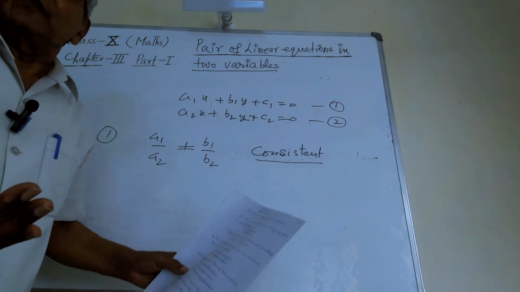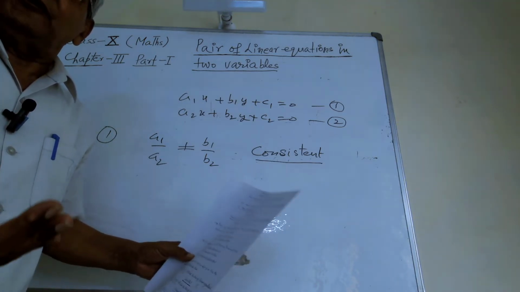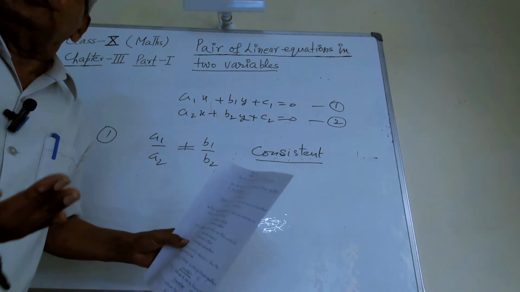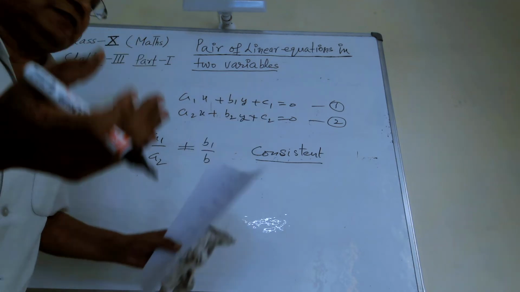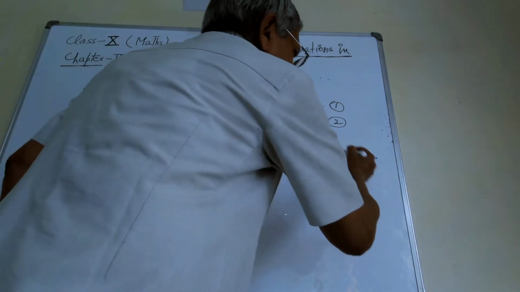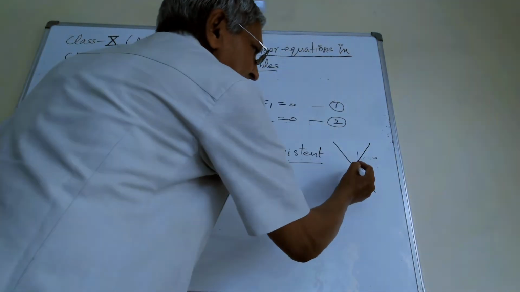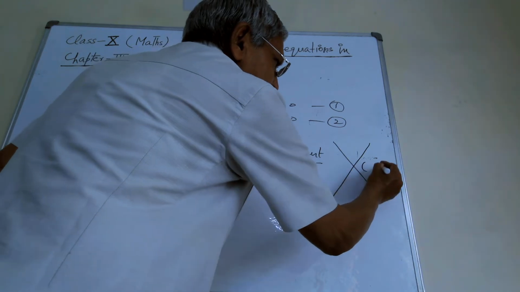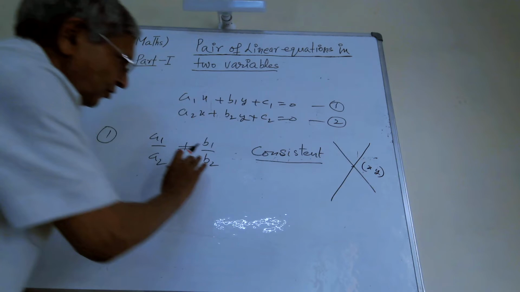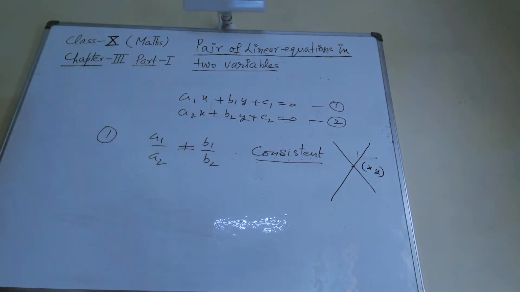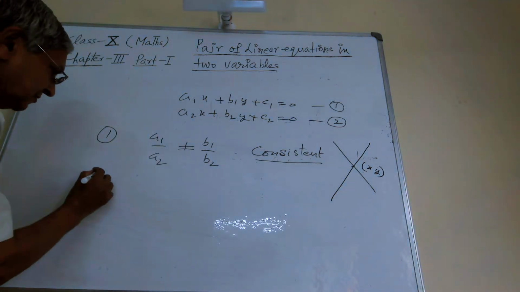And if you check these two equations graphically, you will get two lines that intersect at one point. The coordinates of this point, x and y, will be the solution of these two equations.